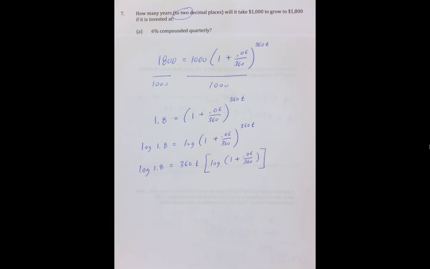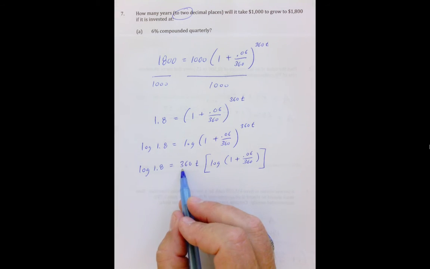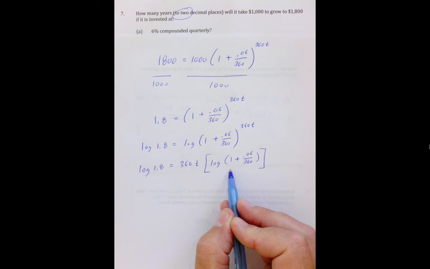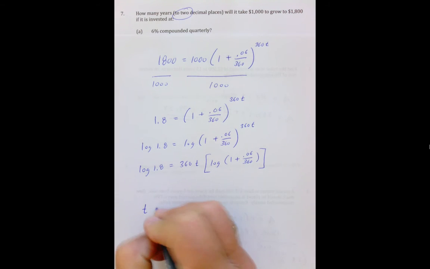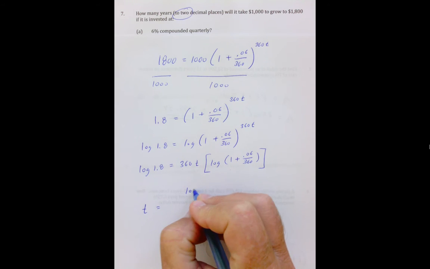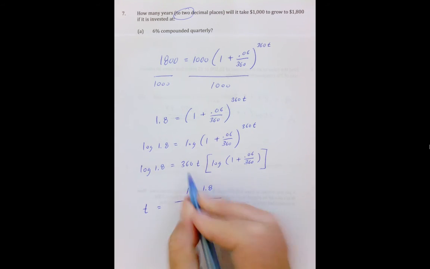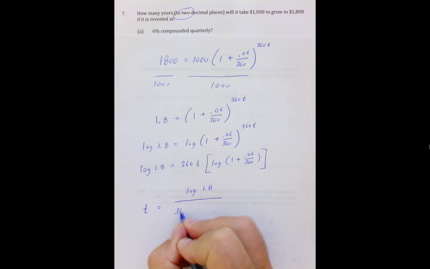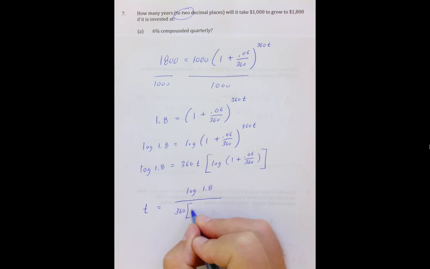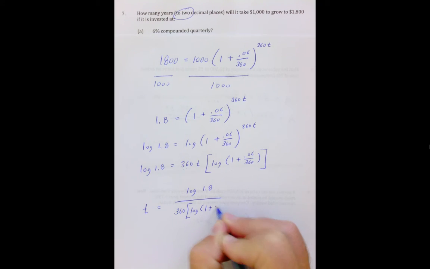And just as before, we're going to divide both sides by 360 times the log of this. So ultimately, t is going to be the log of 1.8 divided by 360 times the log of 1 plus 0.06 over 360.